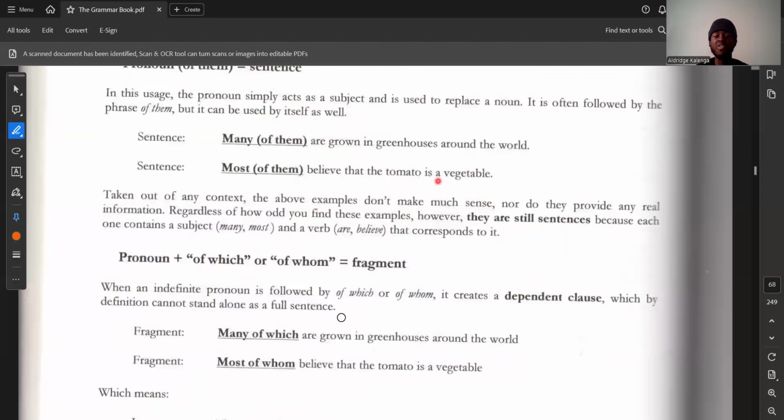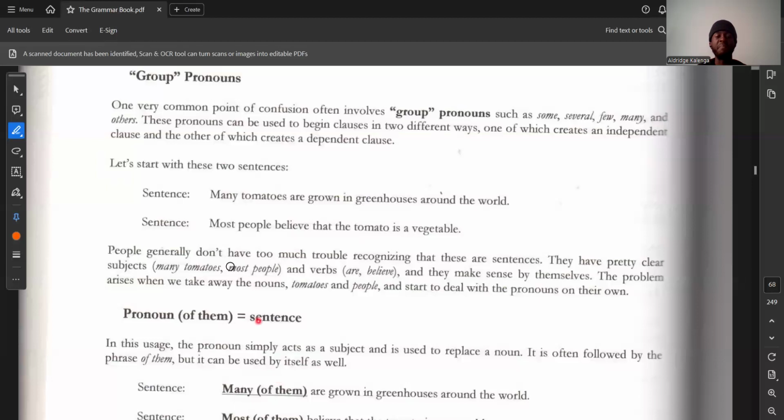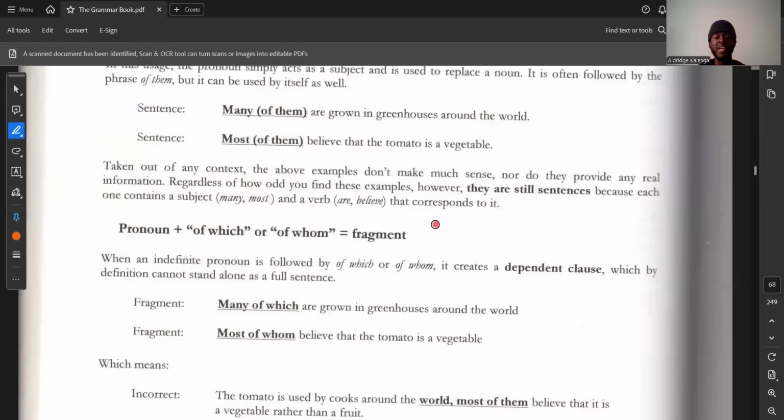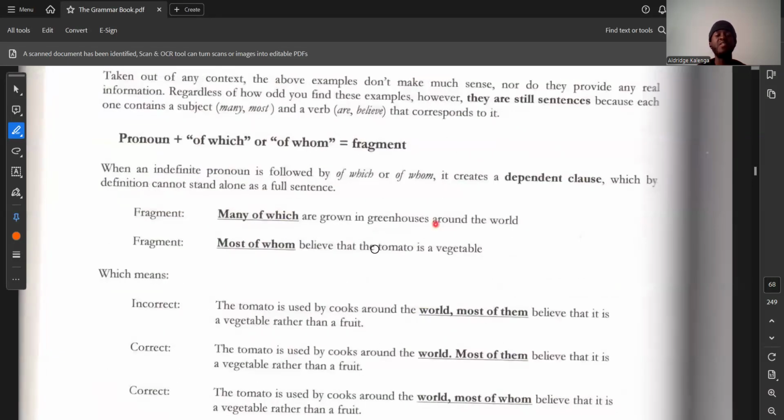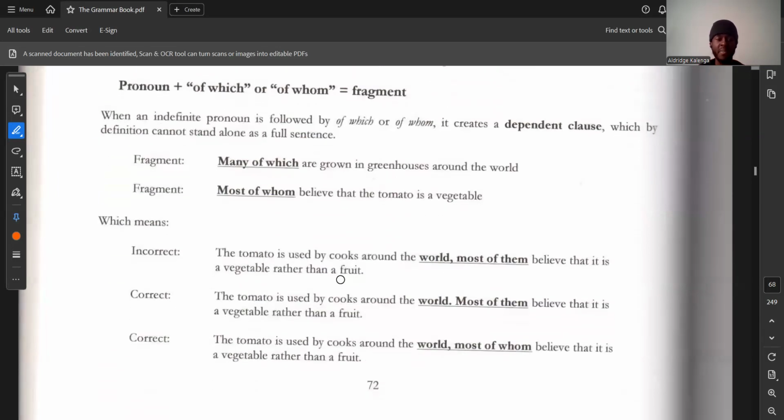If you say "most of whom believe the tomato is a vegetable," that's a fragment. You need to give more information about what "of whom" is referring to. Same with many tomatoes are grown in greenhouses around the world, and then someone just said "many of which are grown in greenhouses around the world." That's not a sentence, it's a fragment.